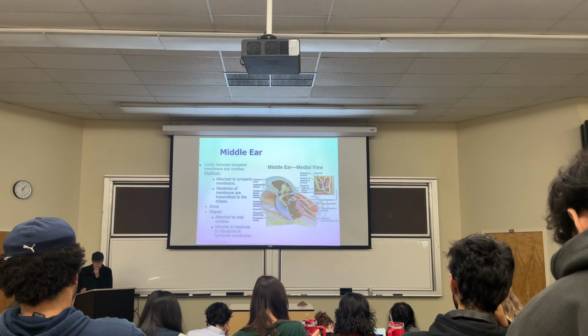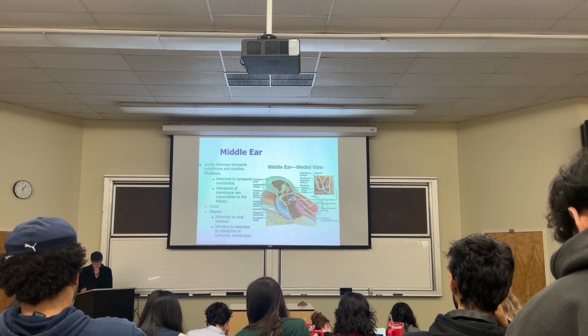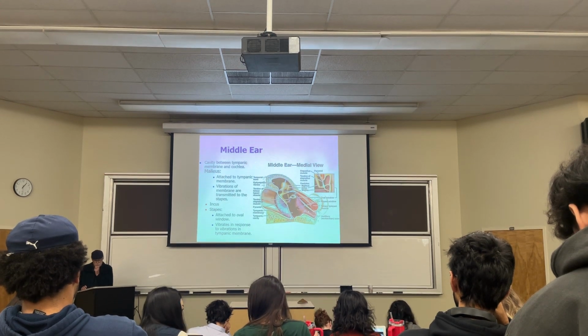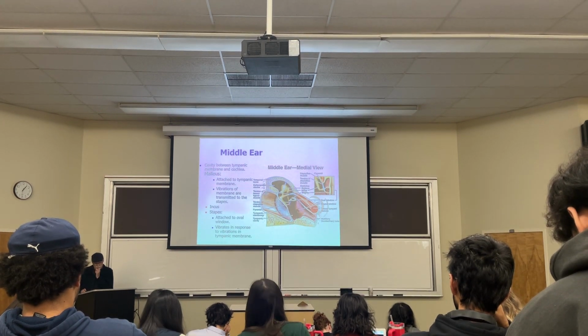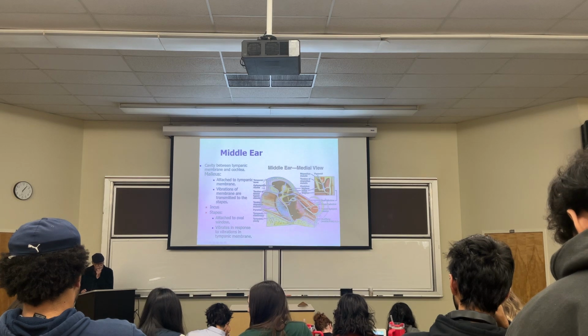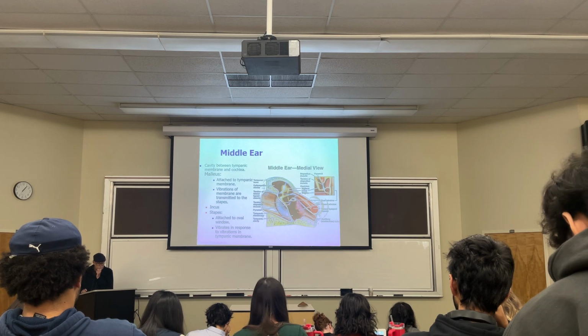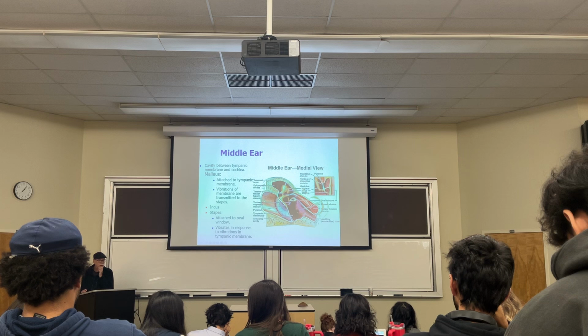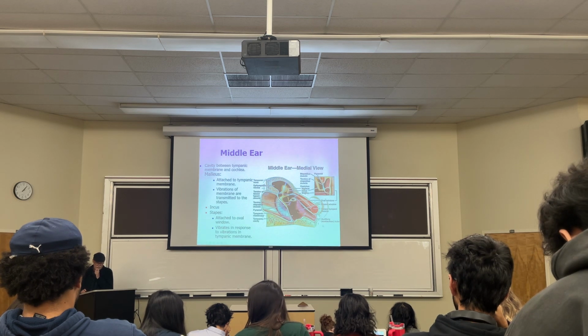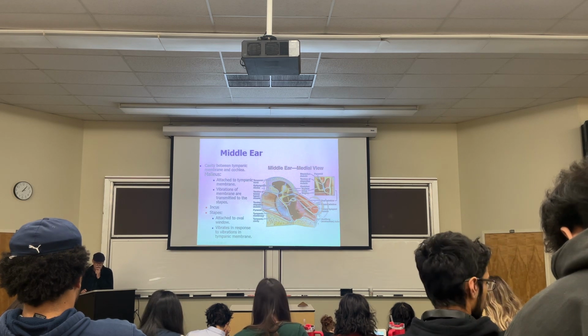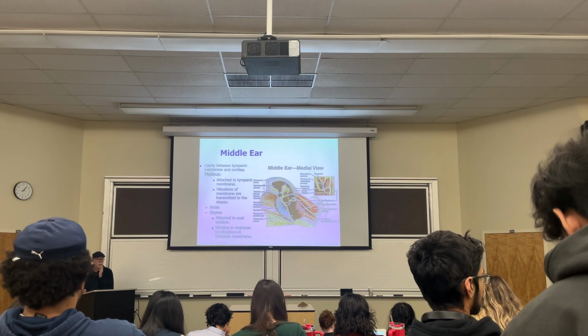So we generally call it the auditory tube now. The problem with calling it the auditory tube is people often mistake it for the external auditory canal or meatus, and it's different. This is a different tube and it has a completely different purpose.